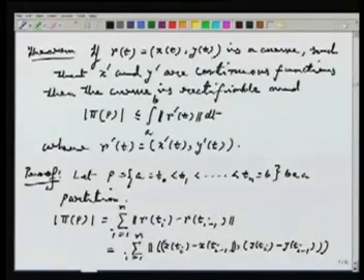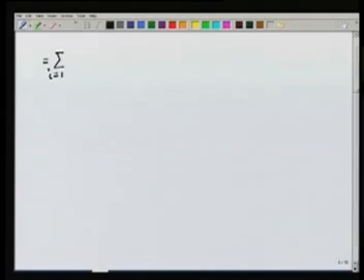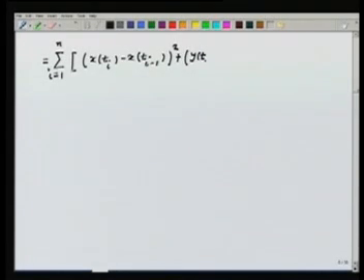Okay. So these are the quantities I get, and now I can calculate the norm, which I will write as summation i from 1 to n of (x(t_i) minus x(t_{i-1})) squared, I am just writing down the expression of the norm, plus (y(t_i) minus y(t_{i-1})) squared, whole to the power half.